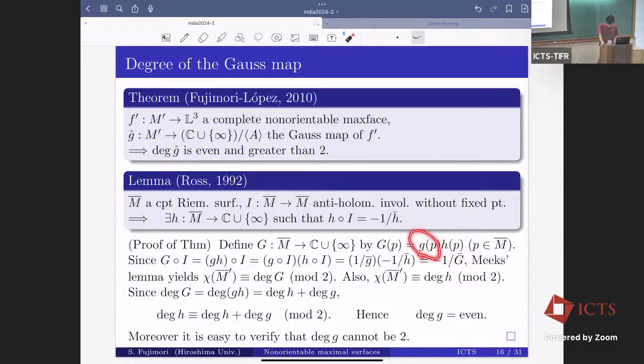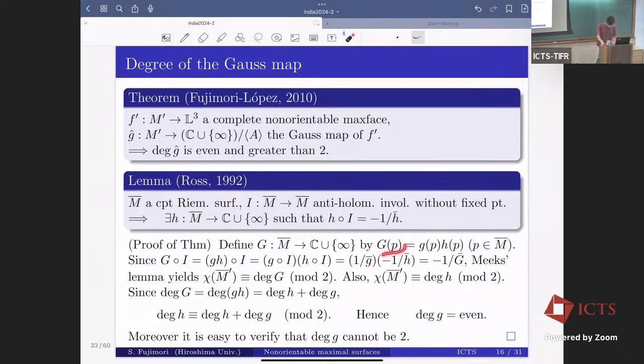And this is the Gauss map of the double cover of the maxface. And if one finds this h, then we can slightly modify h by using a Möbius transformation so that the zeros and poles of h are not zeros and poles of G. So we can assume that G and h have no common zeros, no common poles.